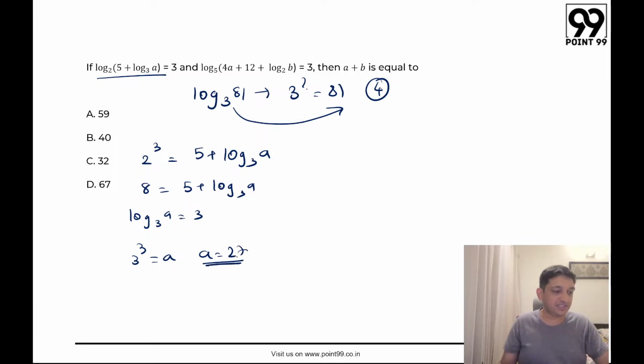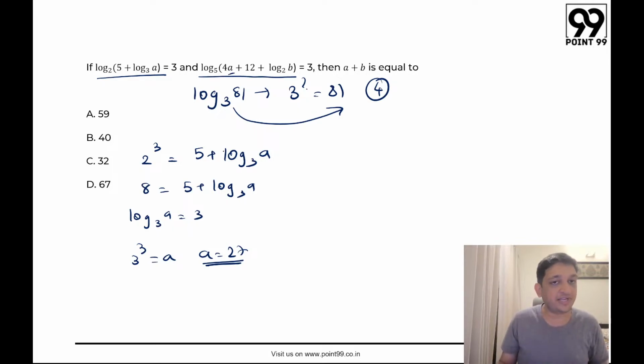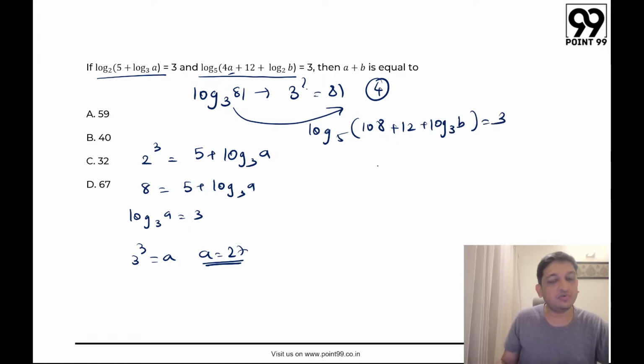So half of the question is done here. You can easily get a equal to 27. Now in the second expression you are also supposed to plug in the value of a. So our second expression becomes log to the base 5 of 4a, so 4 into 27, that is 108, plus 12, plus log of b to the base 3 is also equal to 3.